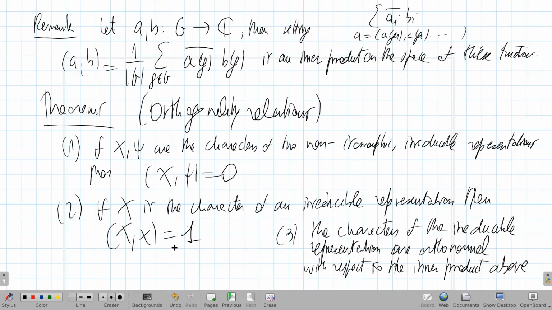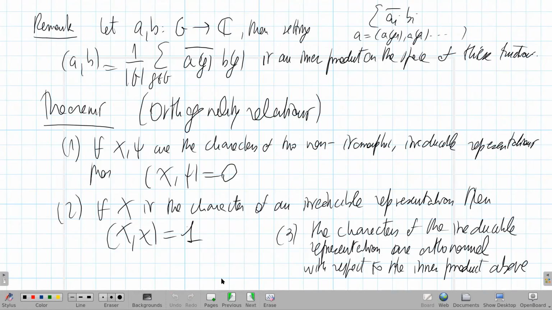So how do you prove this? Well, this is quite immediate from the more general result about the components. The first part is quite clear.